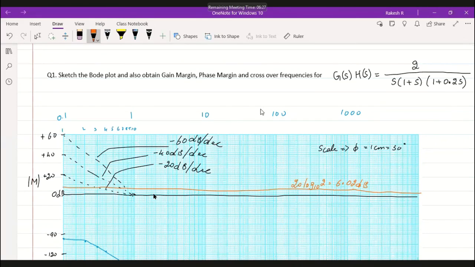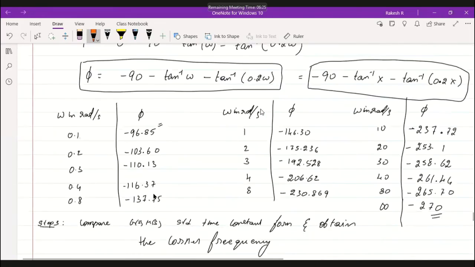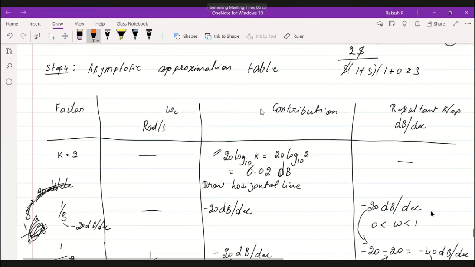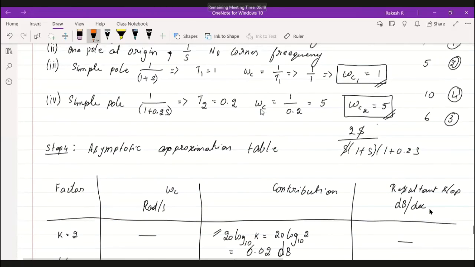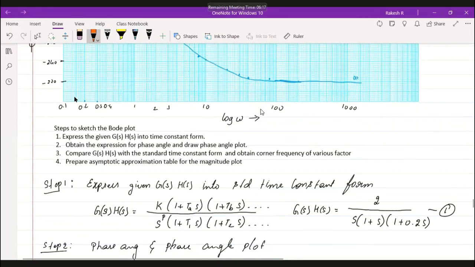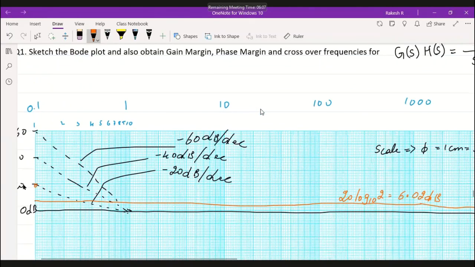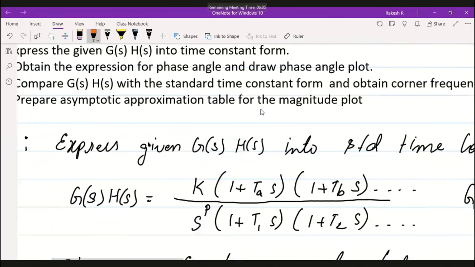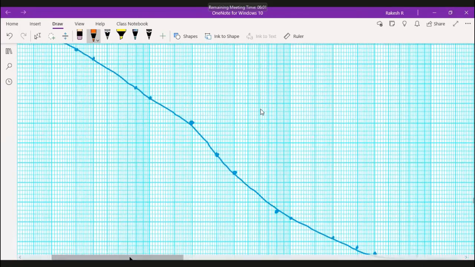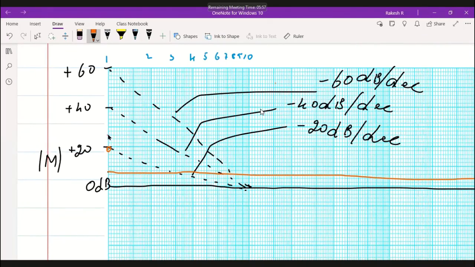Right. Now, next one is what? Next one is 1 by s, which is minus 20 dB per decade here. So for that, what you need to do? If there is no k value, you should have started from this point. As we have the k value as 6.02, now we need to take the k value here, somewhere here. You should start from this point. From where to where?